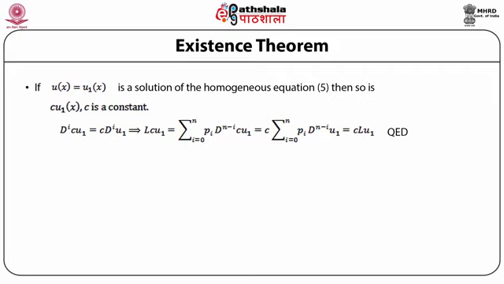This implies L(c u1) is equal to the summation over i equal to 0 to n of Pi D^(n-i) (c u1). This is equal to c times the summation i equal to 0 to n of Pi D^(n-i) u1, which equals c times L(u1), equals 0.